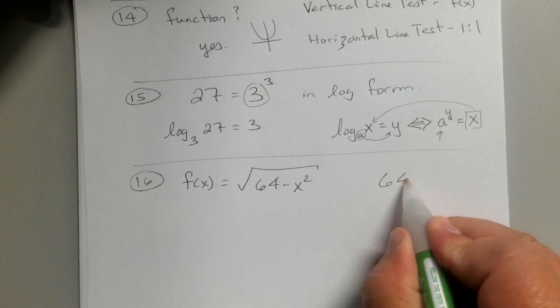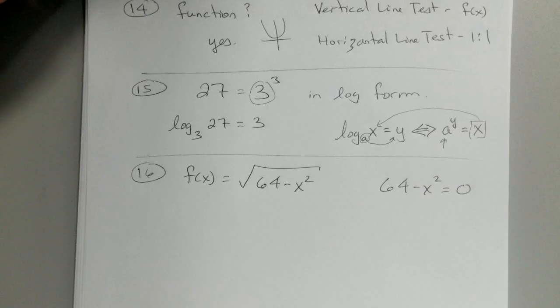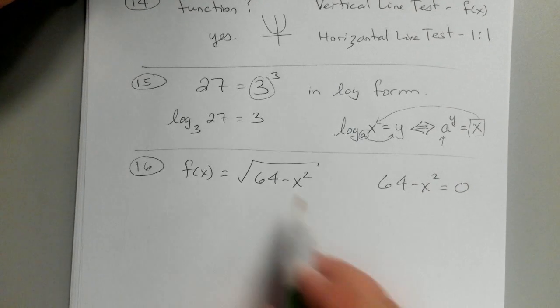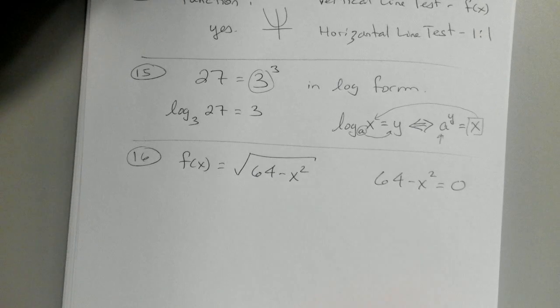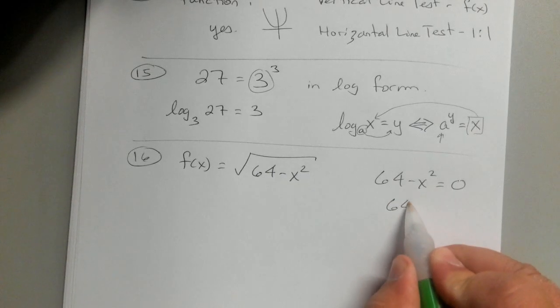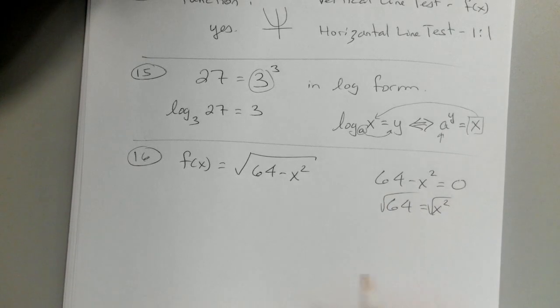All we know for sure is this. We set the inside to 0, because that's the smallest we can have. 64 equals x squared, square root both sides. X equals 8.